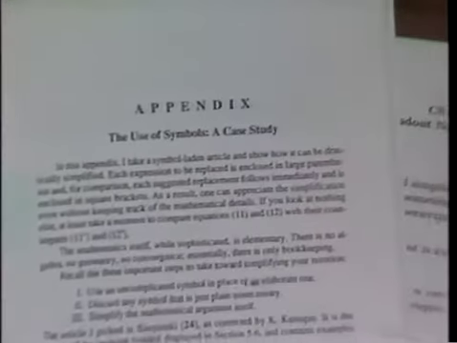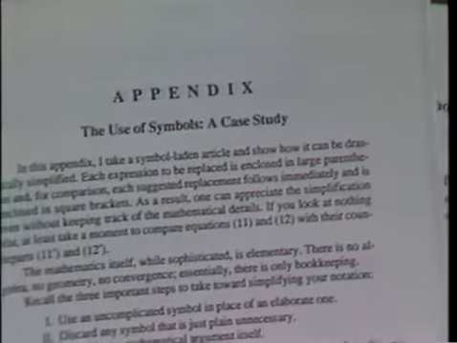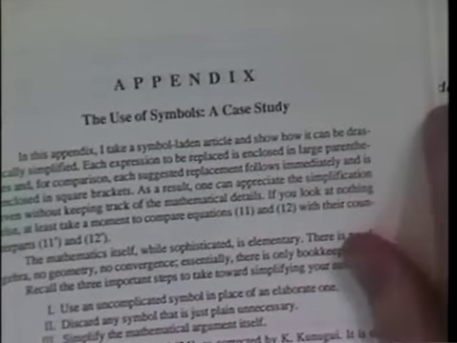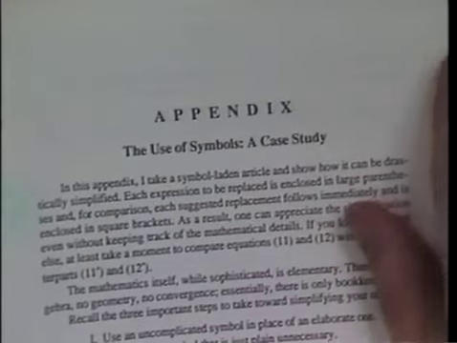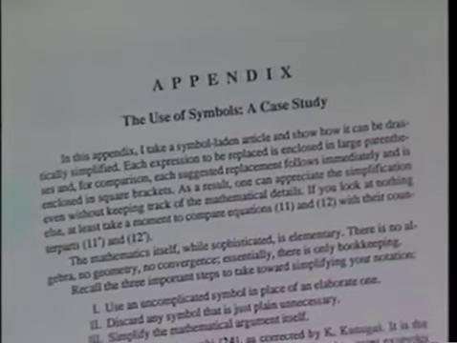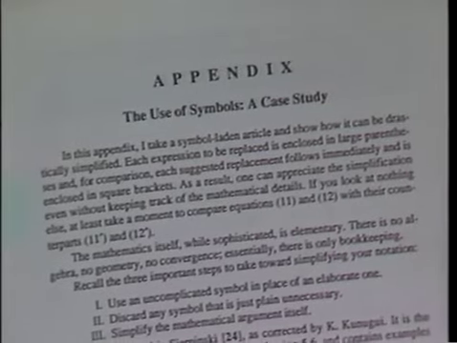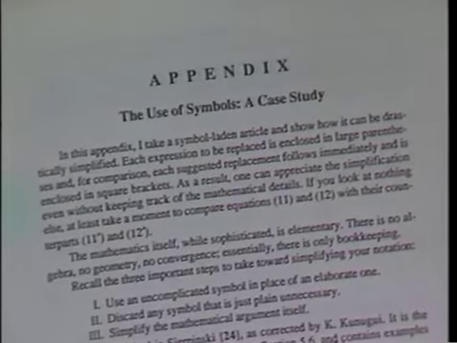And this is an important lesson to learn when you're presenting any mathematical argument. And so he goes through a case study, and the point of his case study was to take an article that had particularly poor use of symbols and replace it by an improvement.